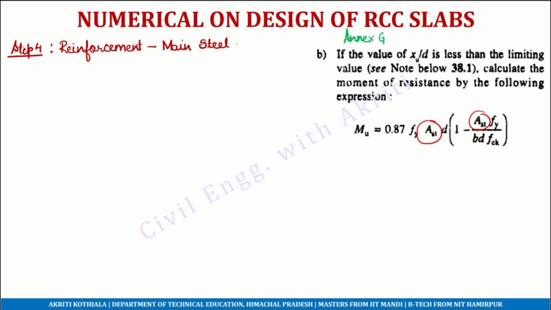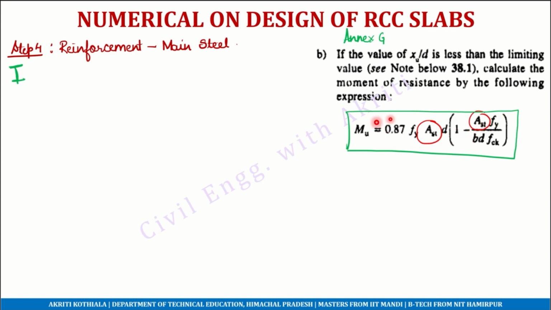Now to calculate Ast, there are two methods. First, we'll discuss the traditional simple method. In this equation, you can see that we have Ast twice. So if we open this equation, or multiply these terms, we will get Ast square and Ast.